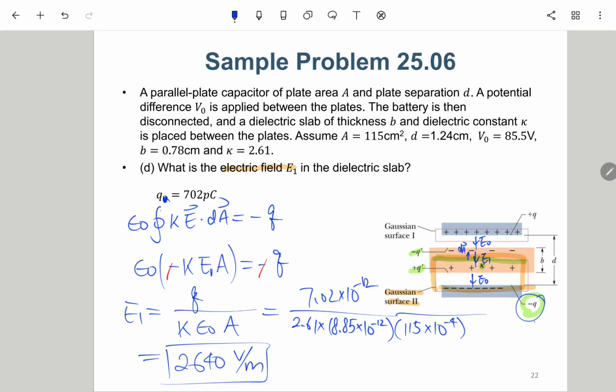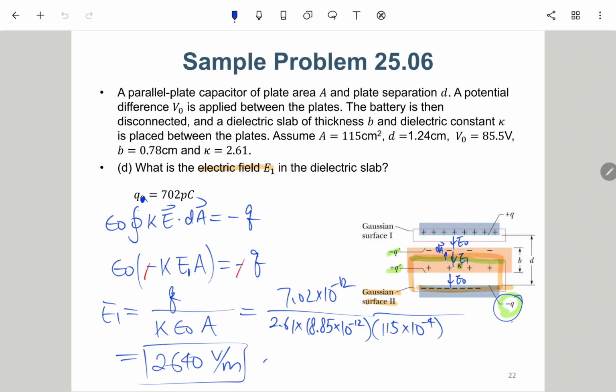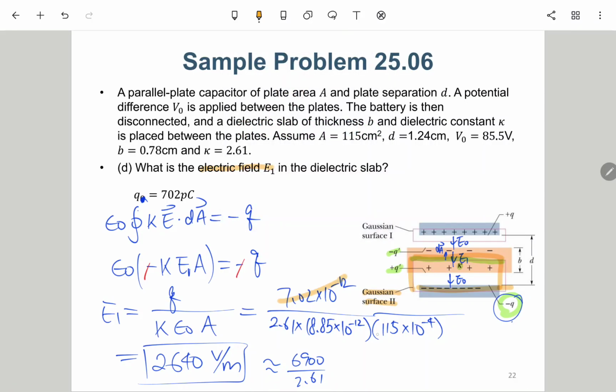Actually you can just pick it like this: it is equal to 6900 over 2.61. If you are sensitive enough, you will see that 6,900 over 2.61 is this one.